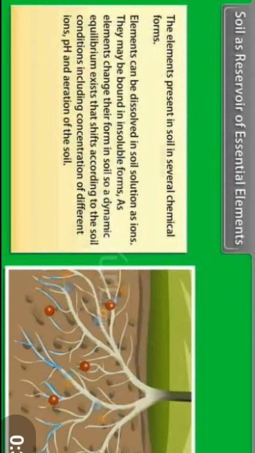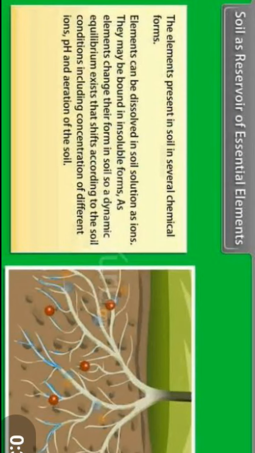These processes enrich the soil with dissolved ions and inorganic salts. Since they are derived from the rock minerals, their role in plant nutrition is referred to as mineral nutrition.